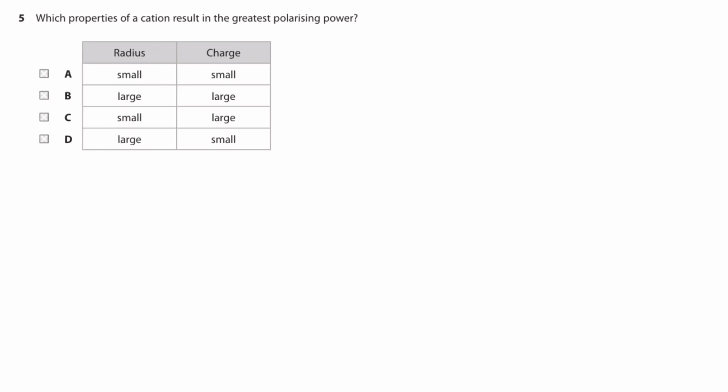Question number 5 asks, which properties of a cation result in the greatest polarizing power? To understand this question, we should know what polarization is. Let's assume in an ionic bond, you have the cation and you have the anion. Between them, we have the electrostatic attraction.